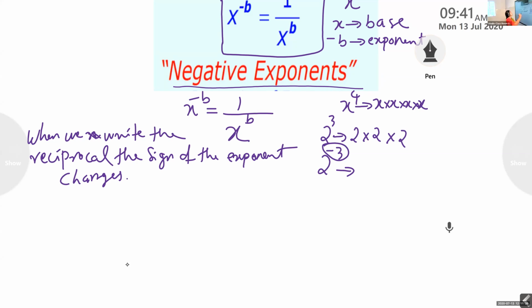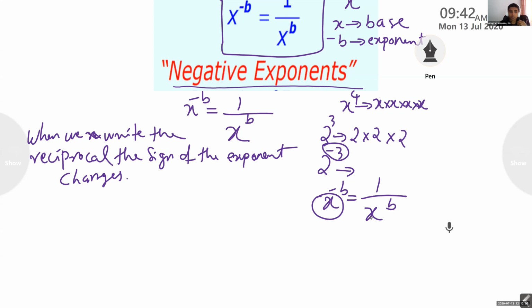So x raised to minus b becomes 1 by x raised to b. Write the reciprocal of x. Reciprocal of x is 1 by x. When we write the reciprocal of x, what happened to the power? The sign of the power changes. It becomes positive.